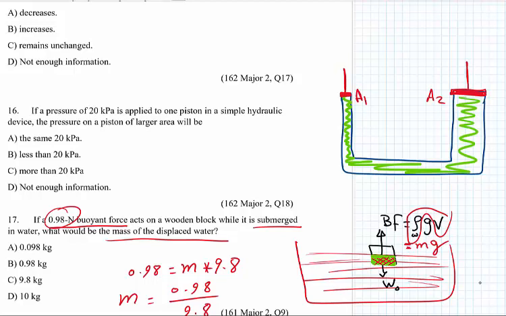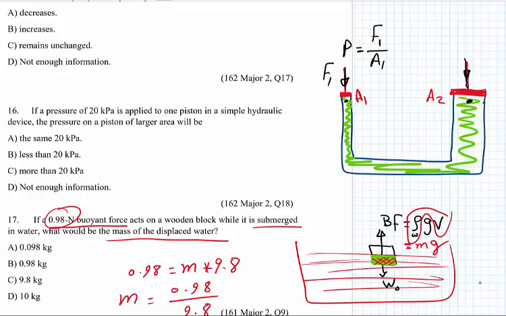So here, the pressure at this point equals the pressure on the other side. The pressure equals force over area. So the pressure over the first piston, if the force on this piston is F1, is F1 over A1.